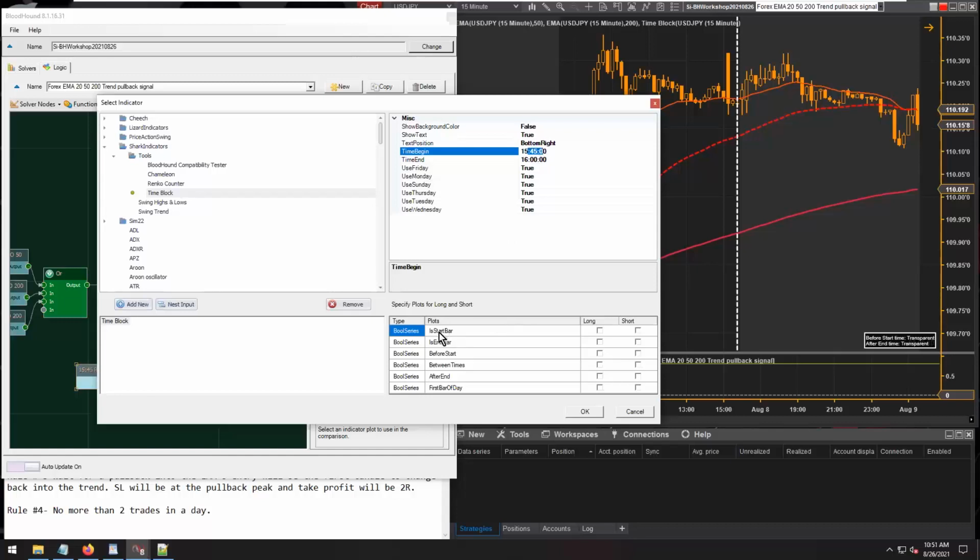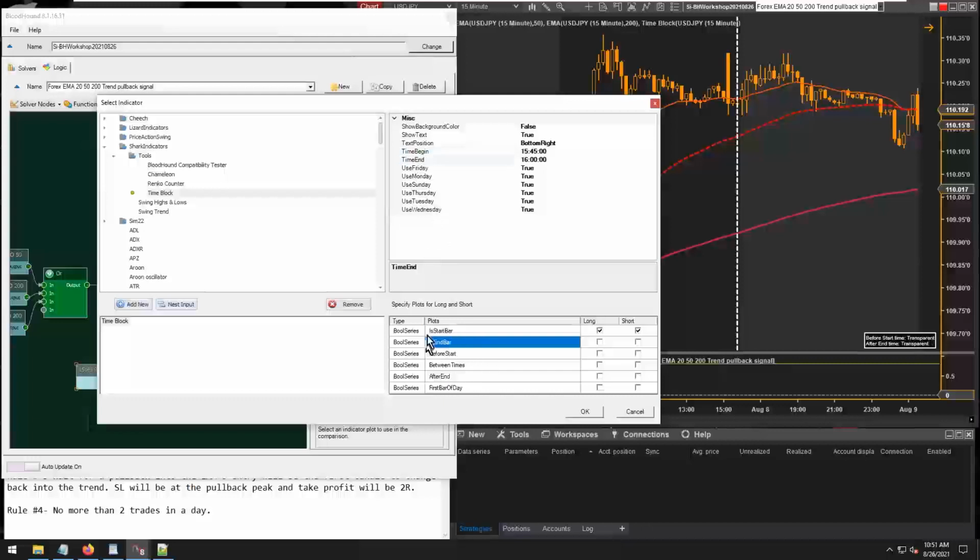So, and we want to identify the start bar here, right? So the beginning time is associated with the start bar, and the end time is associated with the end bar, right?